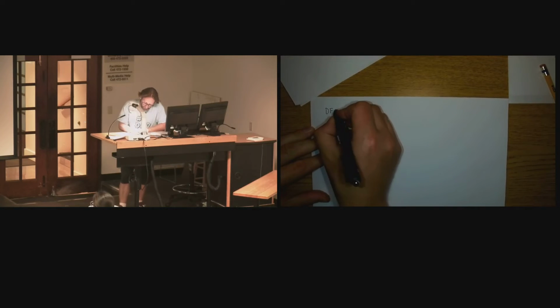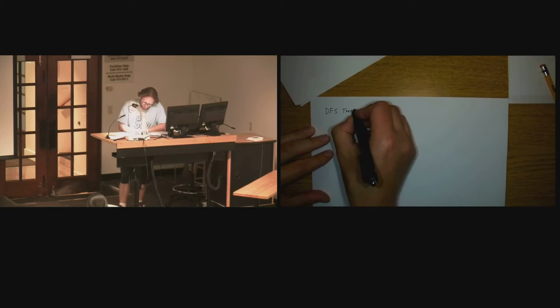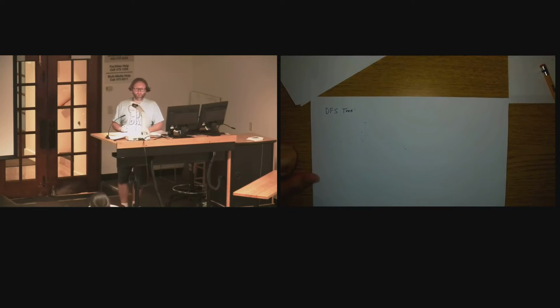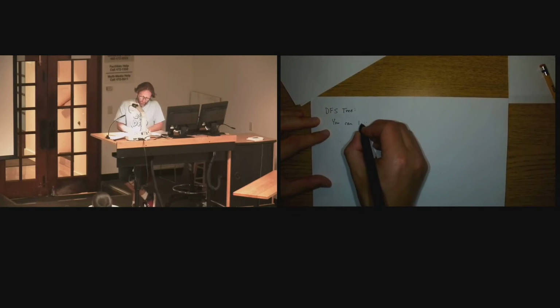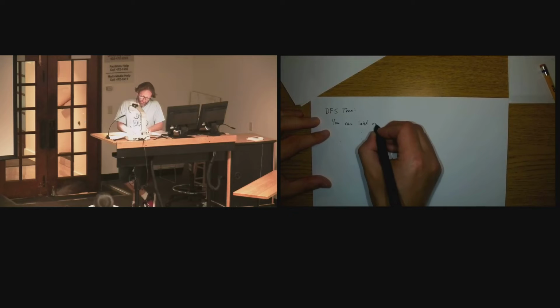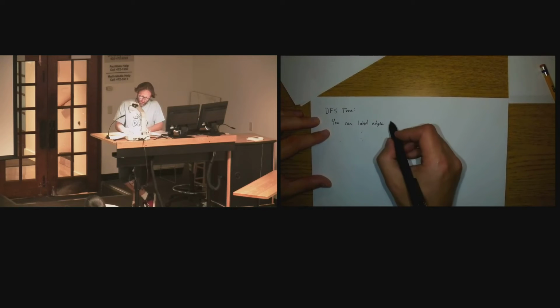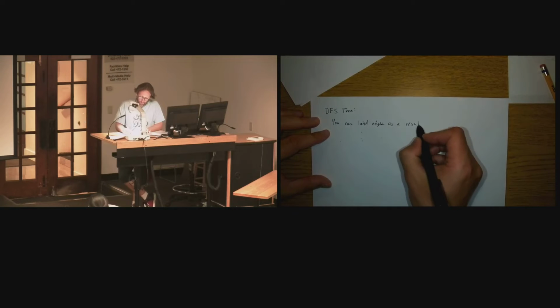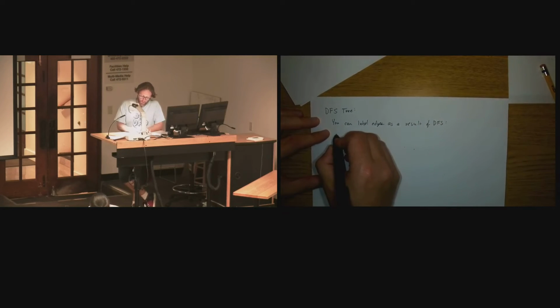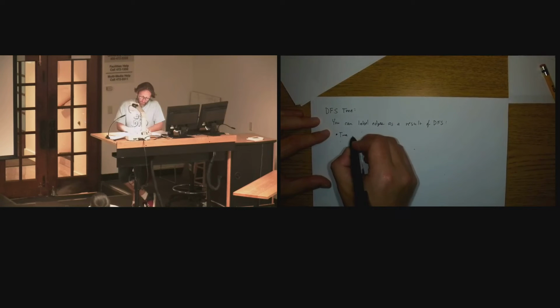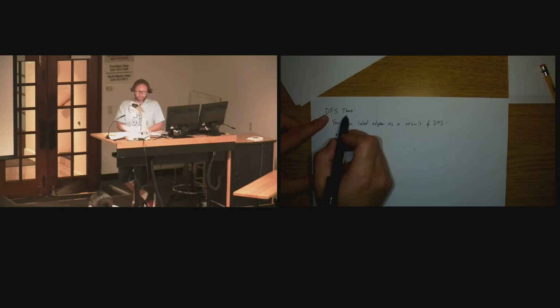DFS tree. So a DFS tree is where you can actually label the edges as a result of DFS. There are going to be tree edges. Right, we're building a DFS tree.